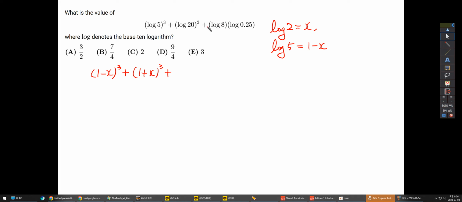This log a means log 2. It's 3 times log 2. And the rest one, because 0.25 is 1/4, 1/4 means minus 2 log 2. Am I right? Yep, minus.